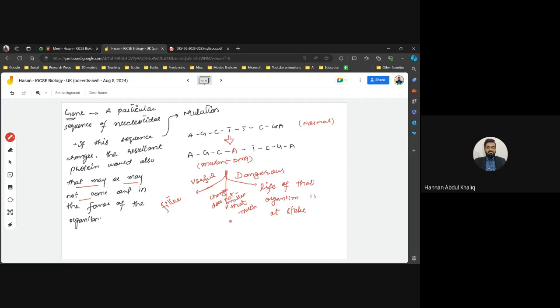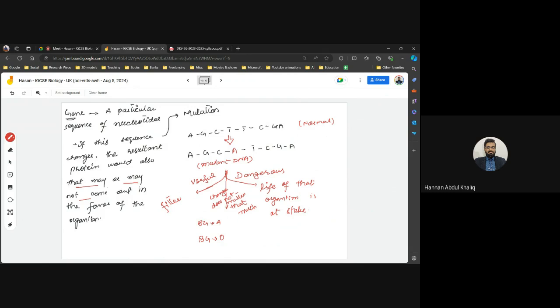Let me tell you, suppose that there was blood group A. A change came in the gene of blood group, and it suddenly became blood group O. Now this change is not increasing the fitness.